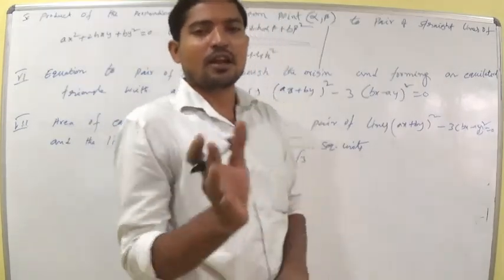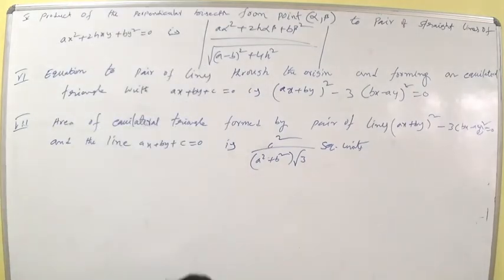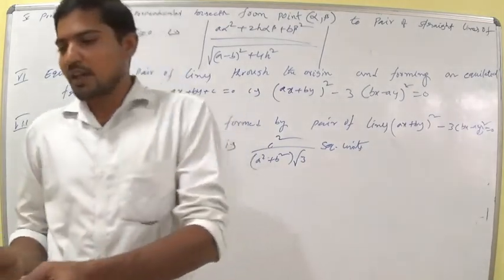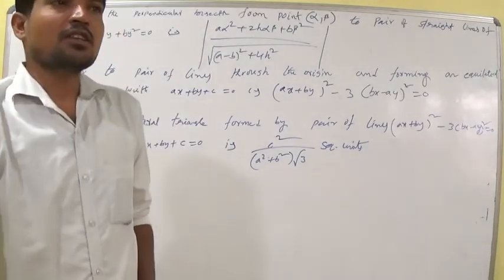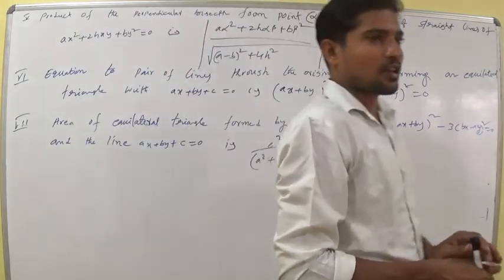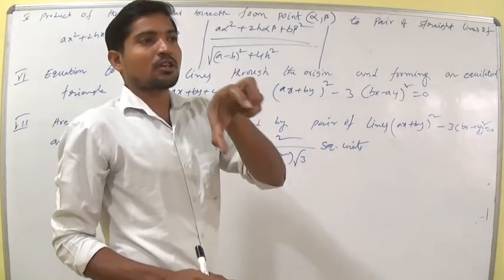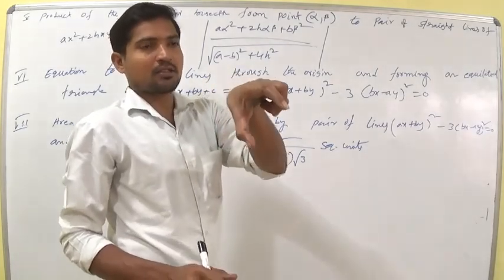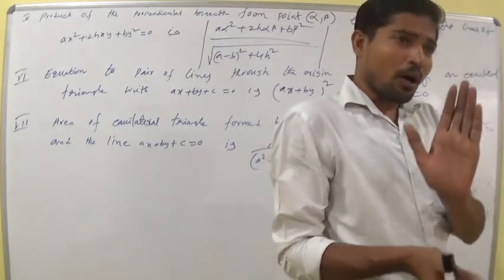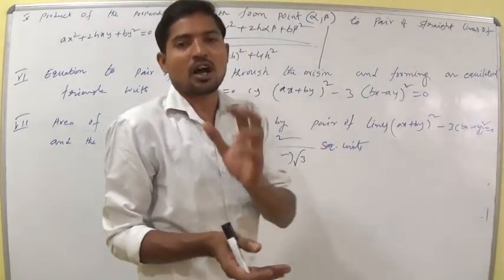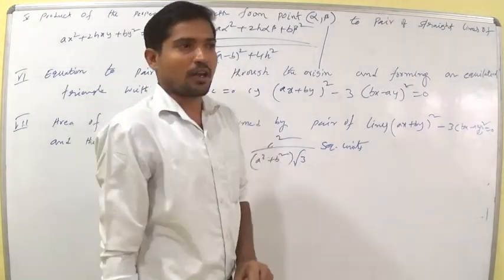Delta is equal to 0, where delta is abc plus 2fgh minus af square minus bg square minus ch square equal to 0, and second condition, h square greater than or equal to ab, g square greater than or equal to ac, f square greater than or equal to bc. If any one of them is not satisfied, then it does not represent a pair of straight lines.